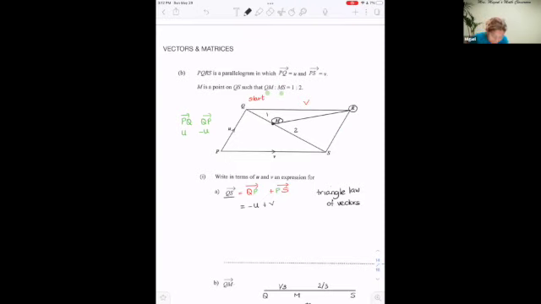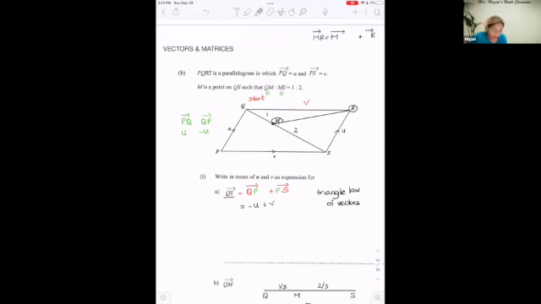We already have this vector here as U. So I am going to write MR. The first letter tells me where to start. So I am starting at point M. The second letter tells me where to end. I am ending at point R.